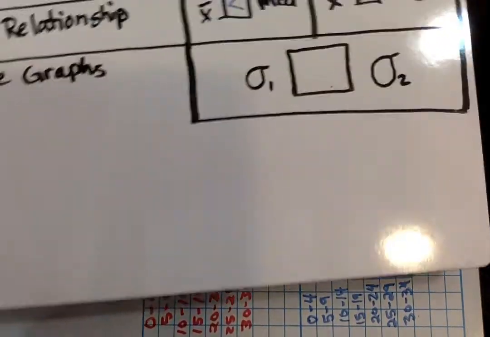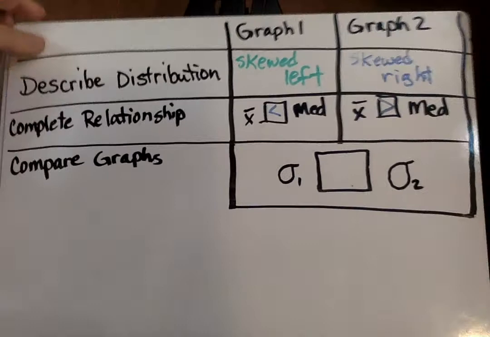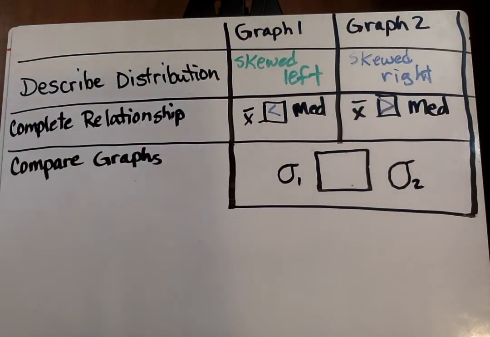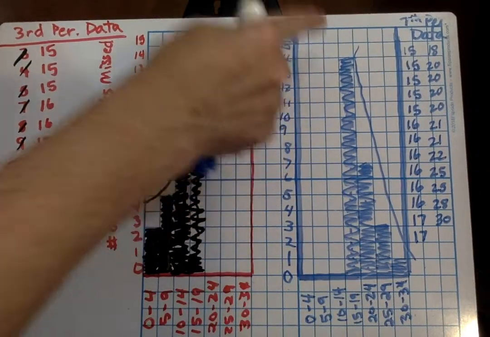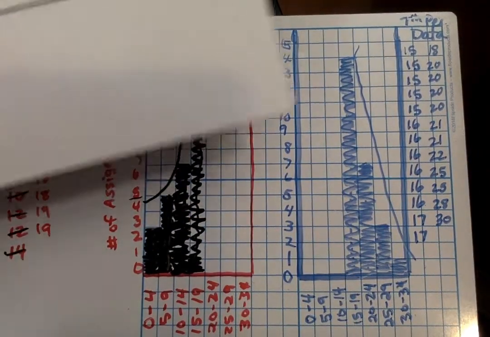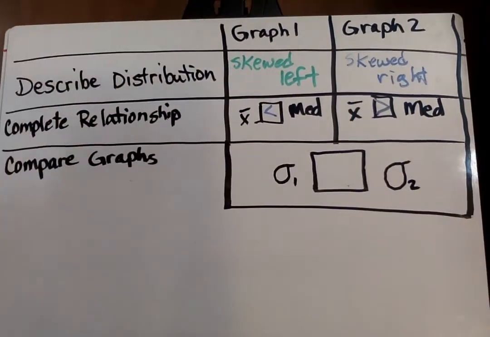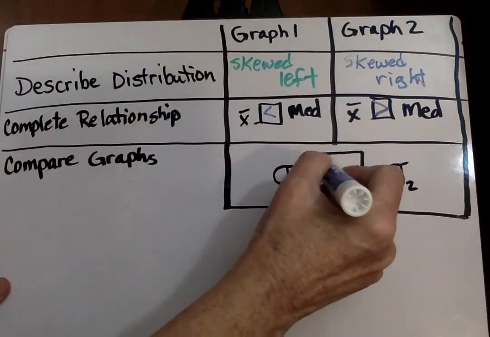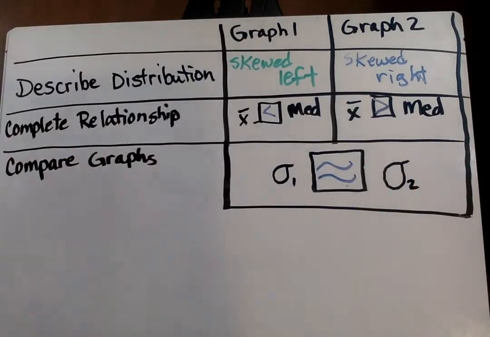This one's 16. So they're kind of close to being equal. But yet this one is quite a bit higher than this one. So I'm just going to put that they're approximately equal. Okay. All right. Next part.